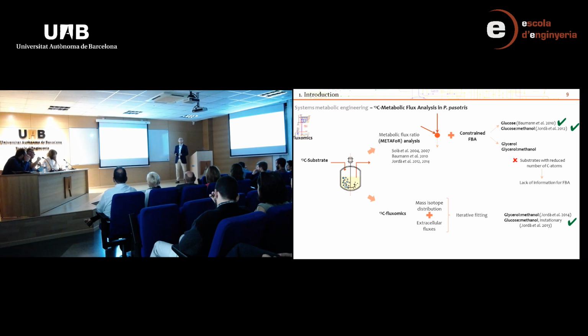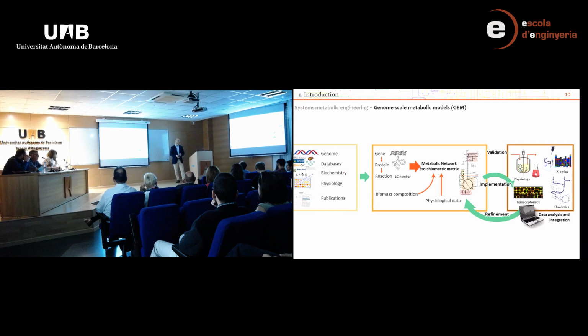Nevertheless, flux balance analysis can also be performed at a larger scale, that is, using genome scale metabolic models. The genome scale metabolic models contain the whole metabolic network of an organism. In order to develop them, we need information from the genome. Then we also take information from databases, biochemistry, and physiology, and we gather this information together in order to establish the gene-protein-reaction association.